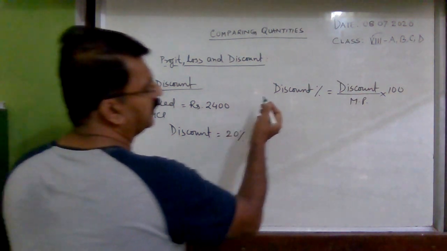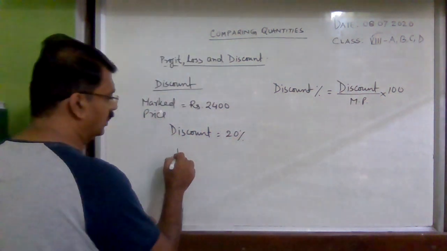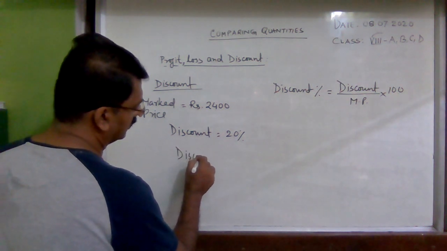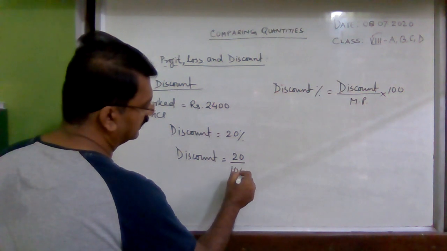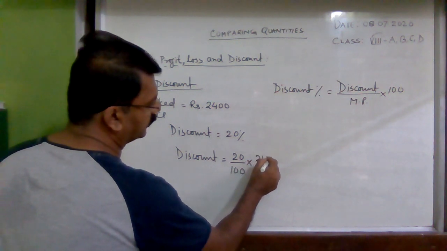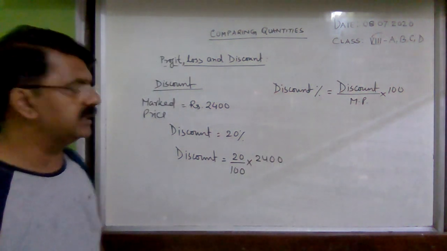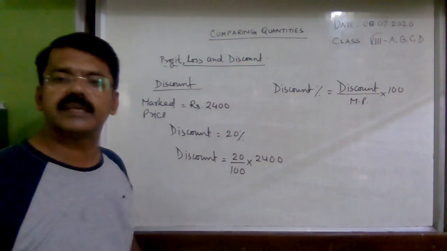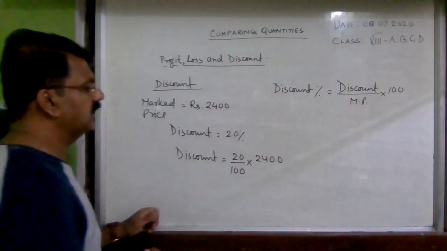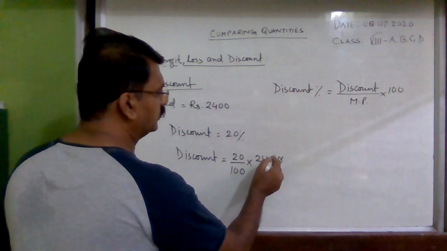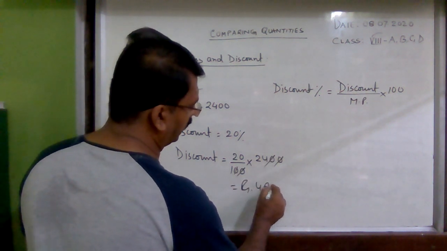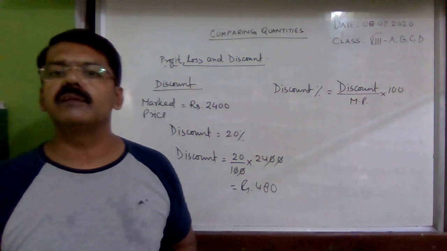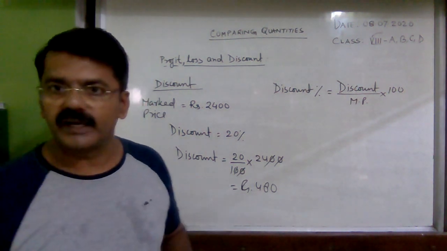So if we find the actual discount, the discount will be 20% of 2400. When you calculate, it is rupees 480. So the shopkeeper is giving you a discount of rupees 480.